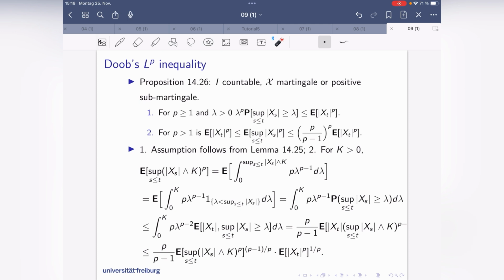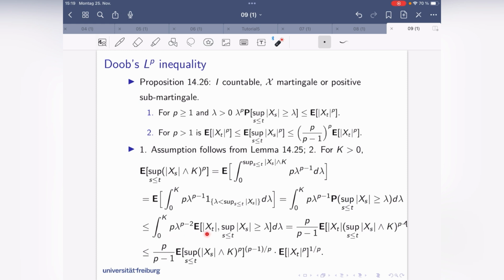Now I can perform the integral, because as you might recall, there's a formula for the expectation of something to the power of p minus 1 in this case.